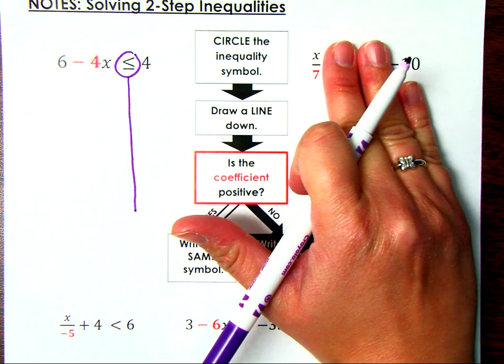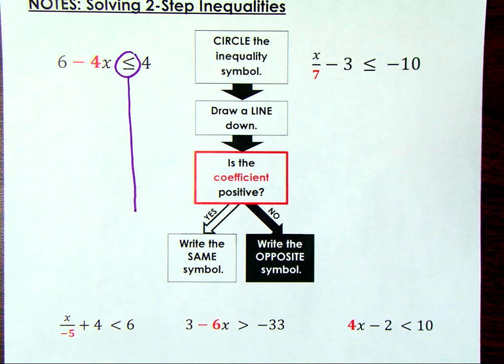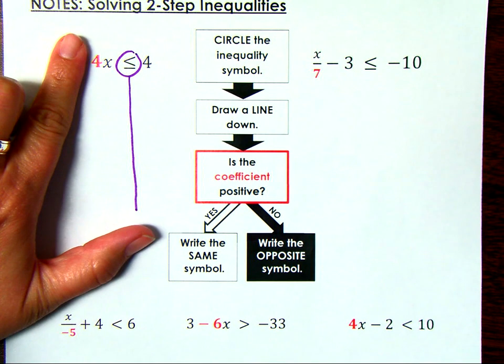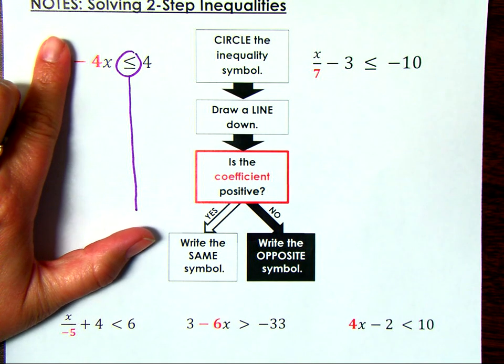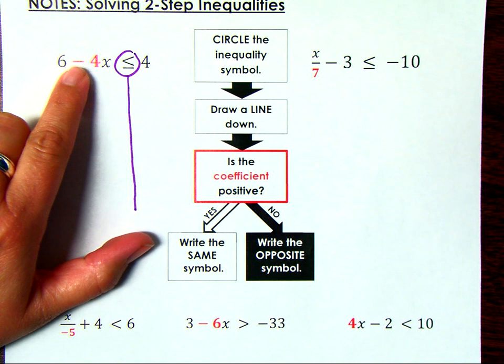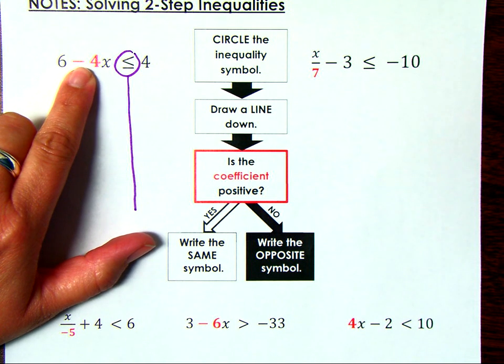Remember that fraction bar just means to divide. So another thing that we've been trying to help you out with is don't think that this is 4x, because subtracting a positive is the same thing as adding a negative. So really look at the sign in front of that number. So this is technically a negative 4x.